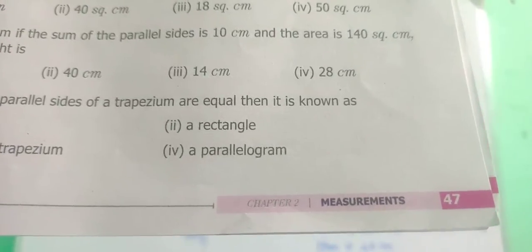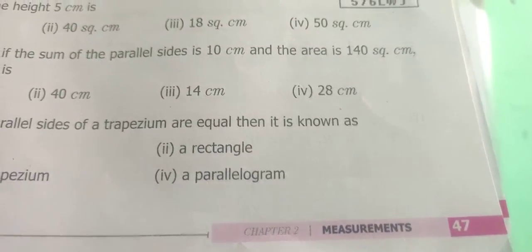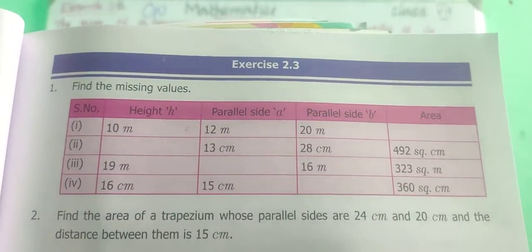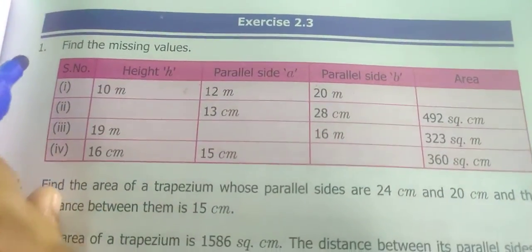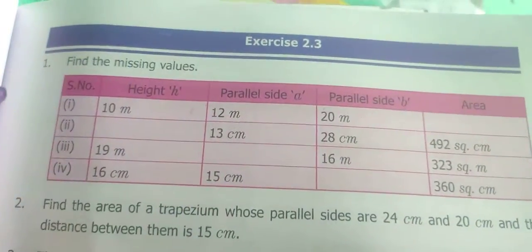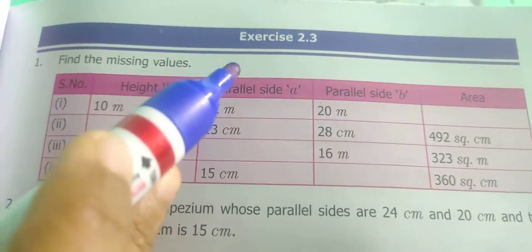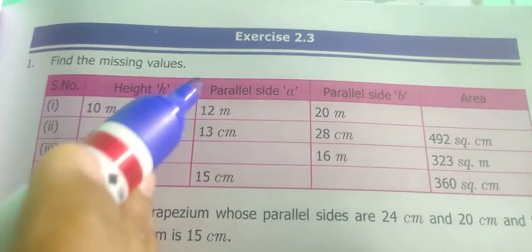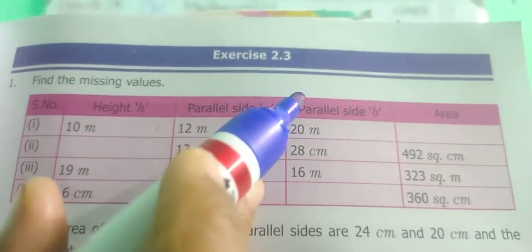Children, take page number 47 in your book. See exercise 2.3. See the first question: find the missing values. Height is given. See the first one: height is given, parallel side A is given and parallel side B is given.